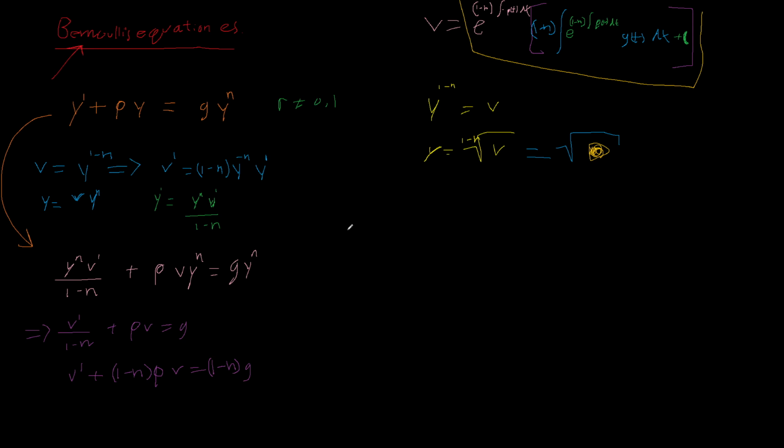So given this, you can solve it. y equals the 1 minus n root, and it's going to be this really long integral, so that's actually n minus 1, this p dt.